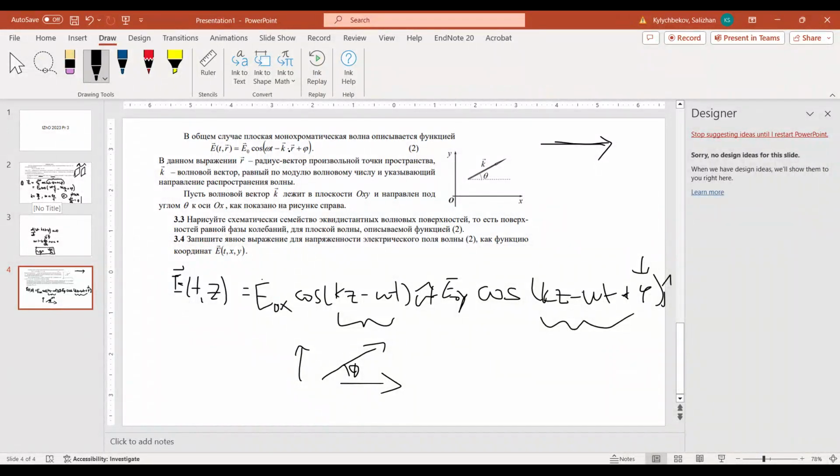This is quite confusing, but this is the case. Now you are considering all directions, not only z, not only x. So for a plane wave in all directions, the generalized version is this.